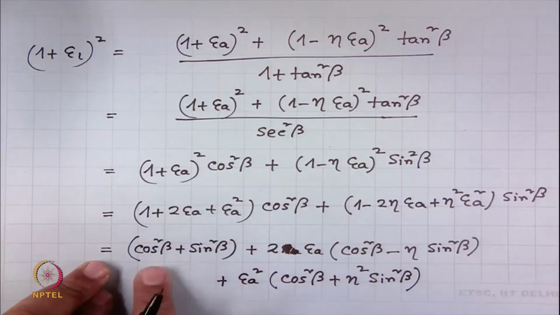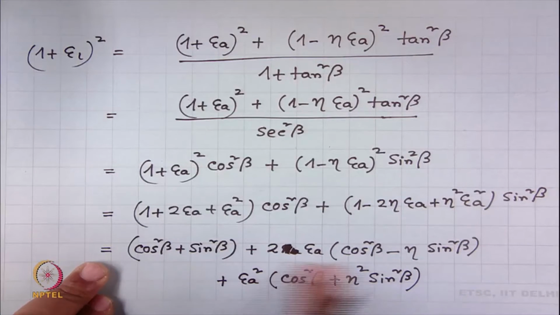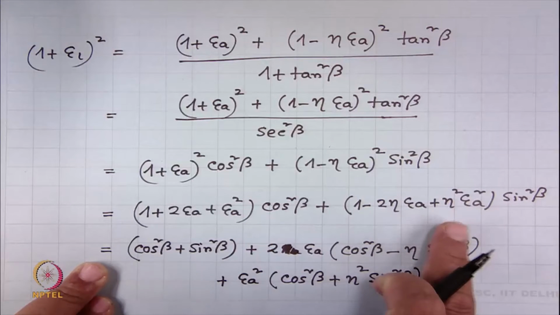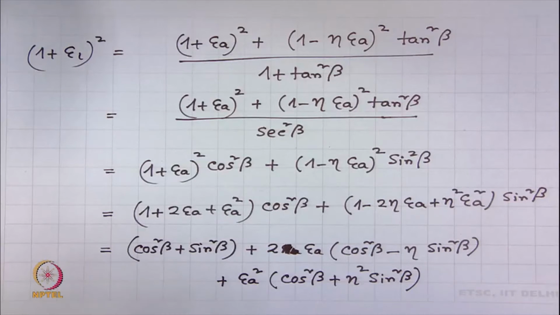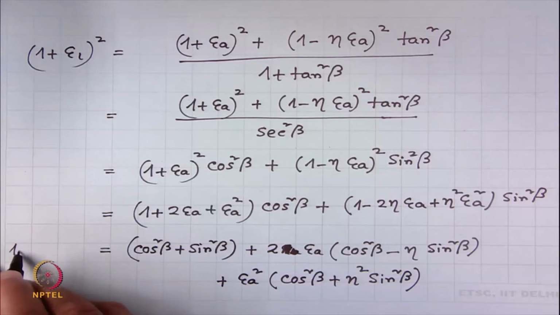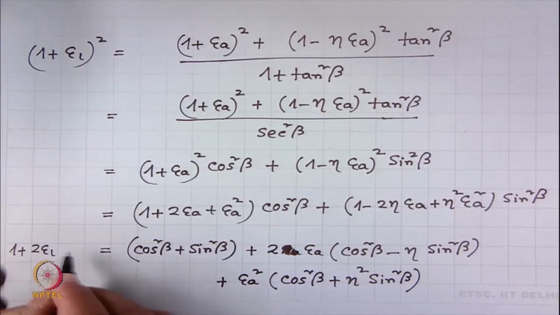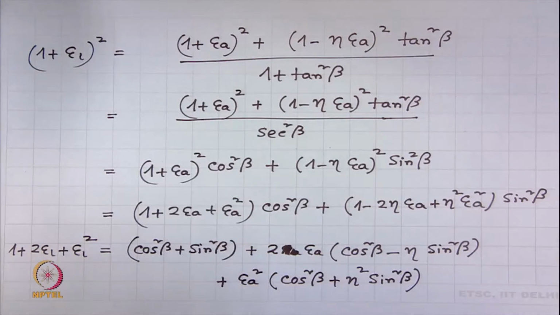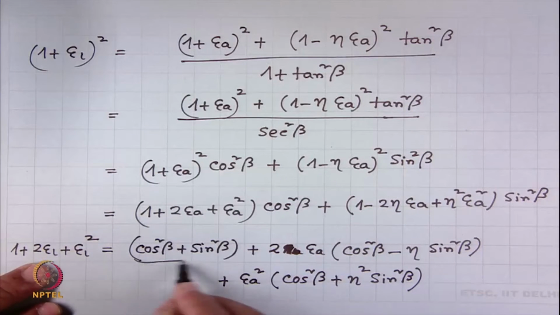Cos square beta plus sin square beta is 1. If we expand the left hand side also, then what we obtain is the following, and this is equal to 1.